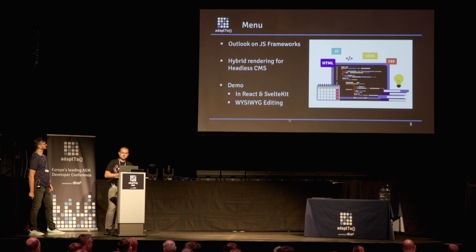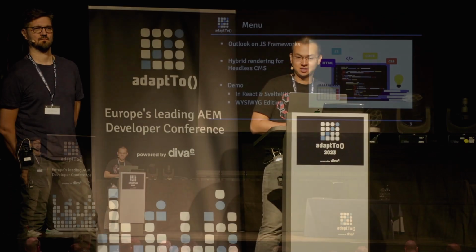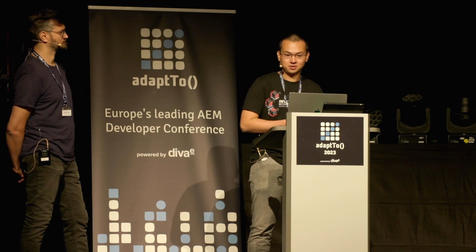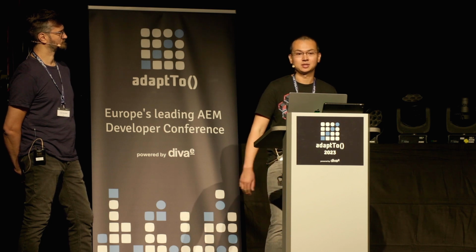Finally, we will showcase all that in action using two popular frameworks, React and SvelteKit, which are supported by WYSIWYG editing for headless content. You've seen a bit of what Acto and Saranya have shown, and we will show it more in the framework context.